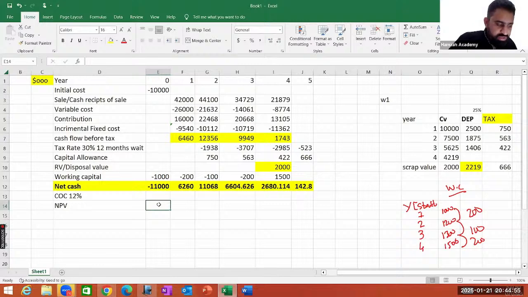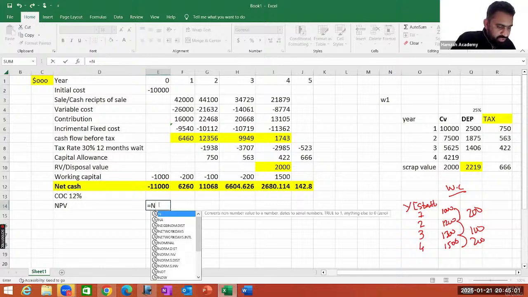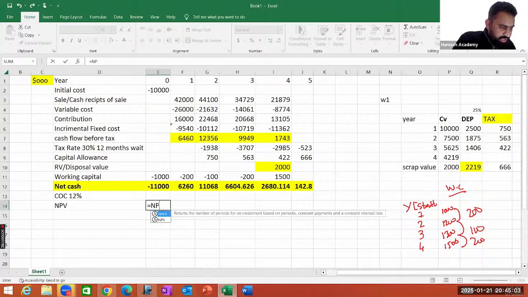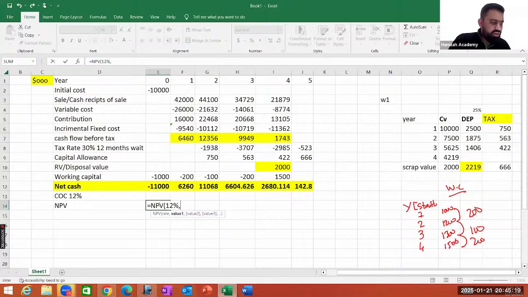In an exam, you will press equals, write the function NPV, comma, and select the net cash flows from year 1, not from year 0. So you will select the cash flows from year 1 to year 5.